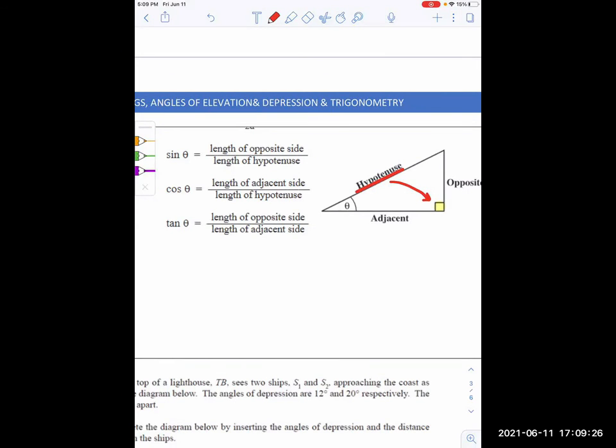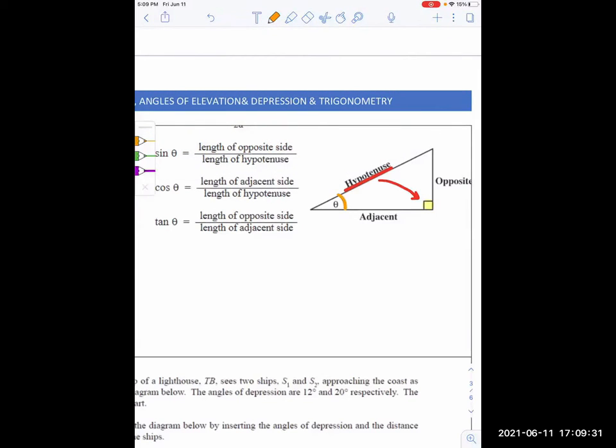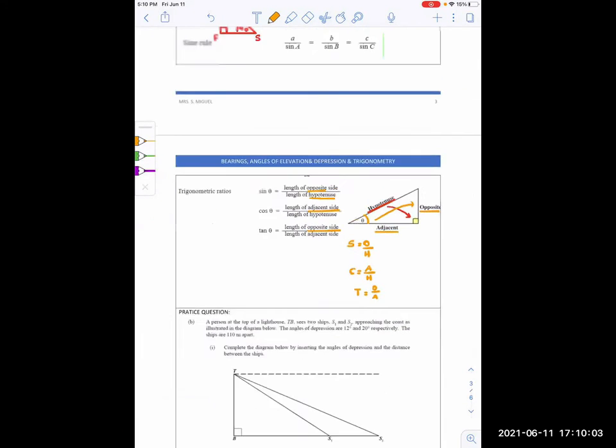Do you all see that? The side opposite the angle is called the opposite and the other side is called the adjacent. So sine is opposite over hypotenuse. Cosine is adjacent over hypotenuse. And tan is opposite over adjacent.